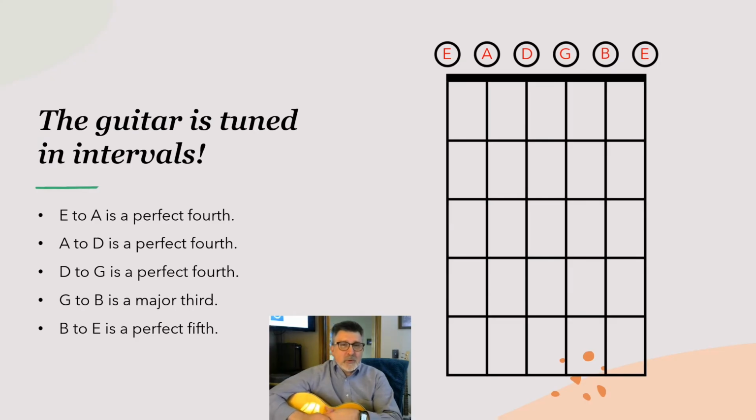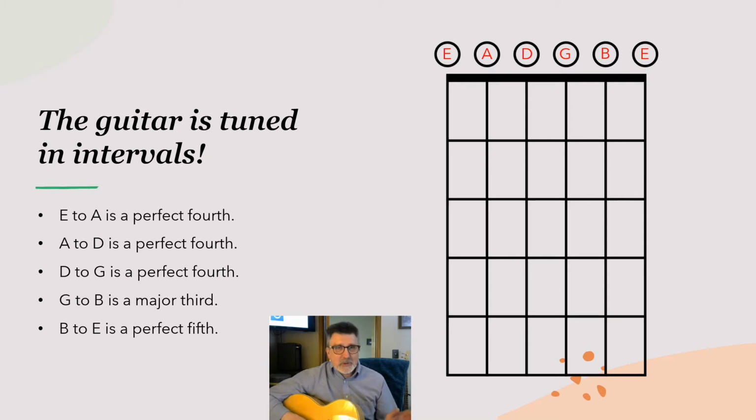You're familiar with some of these sounds already because the guitar is tuned in intervals. So E to A, that is a fourth. A to D, A, B, C, D, that's a fourth. D to G is a fourth.